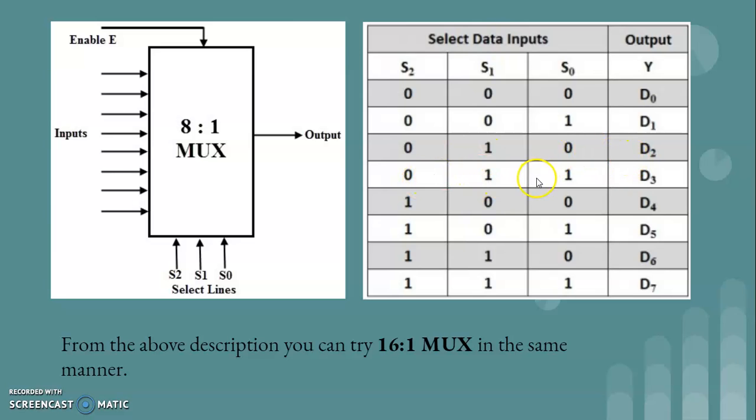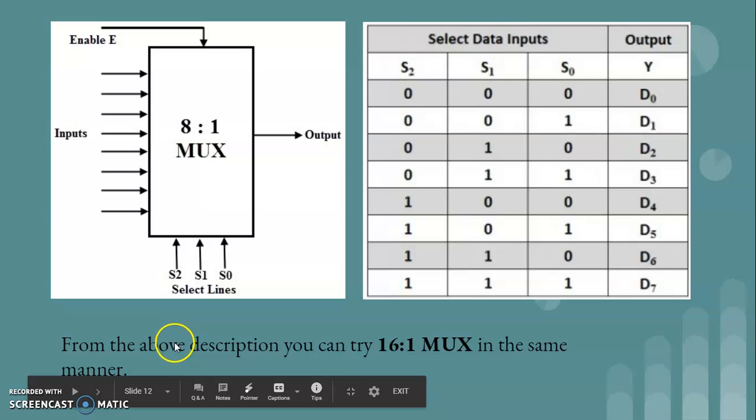If 0, 1, 1, then D3 will be selected. For 1, 0, 0, D4 will be selected. For 1, 0, 1, D5 line will be selected. For 1, 1, 0, D6 line will be selected. And if all the three select lines are 1, then D7 will be selected as an output.